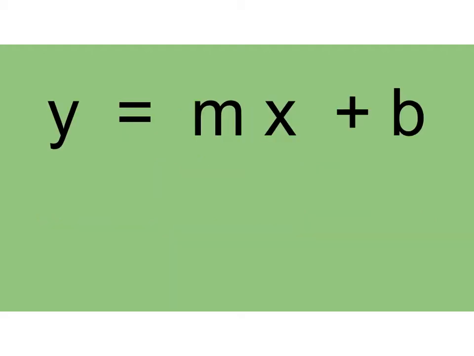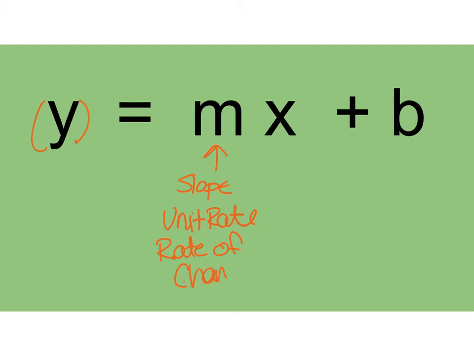So first of all, if we have y equals mx plus b, remember y is just a y value. M is your slope, unit rate, rate of change, and I guess that's pretty much it as far as what we need for today.